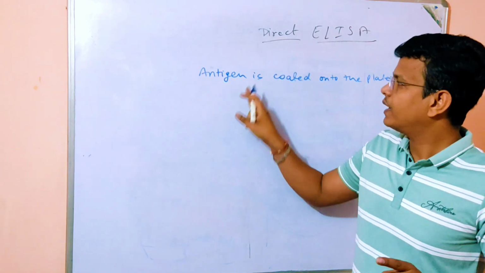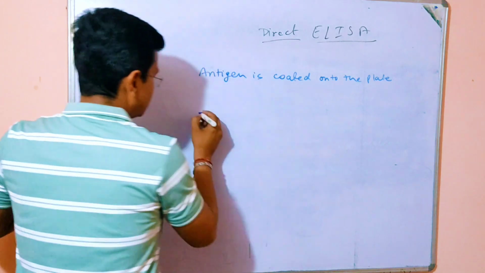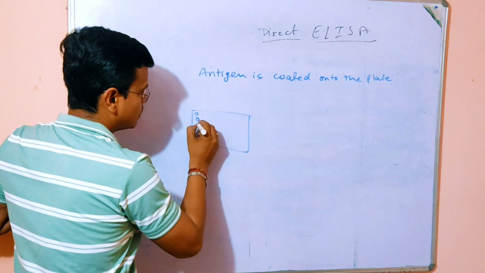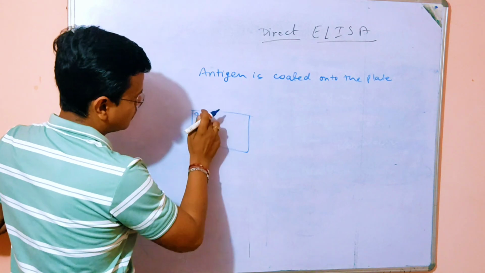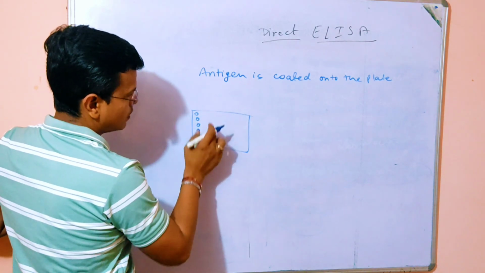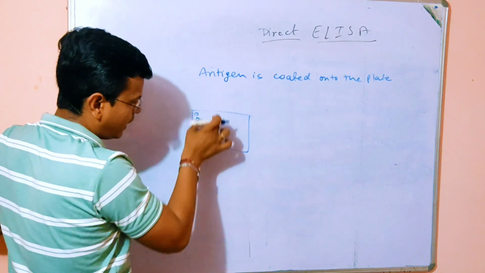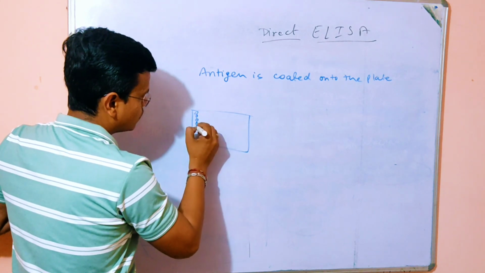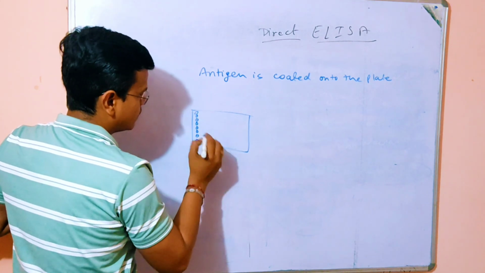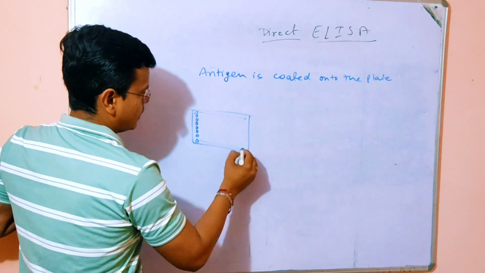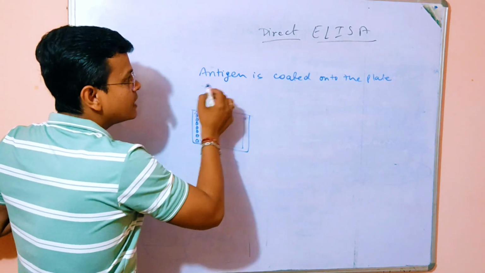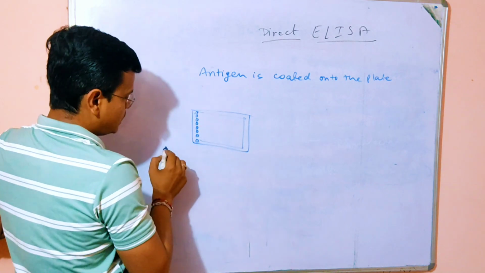Direct ELISA, antigen. There is a plate which looks like this. Actually, there will be 8 wells, 1, 2, 3, 4, 5, 6, 7, 8, and 8 by 8. And antigen is directly coated on these wells.